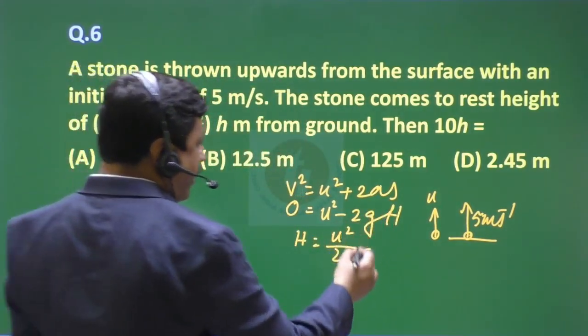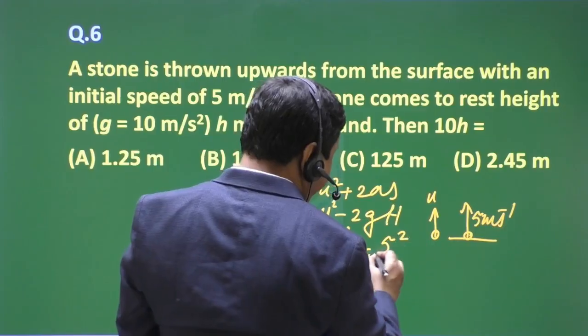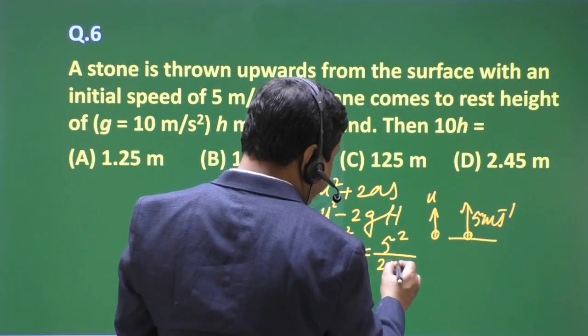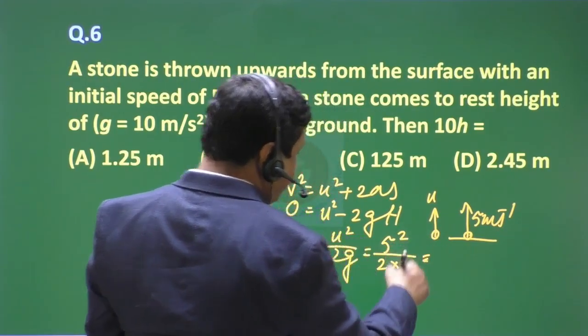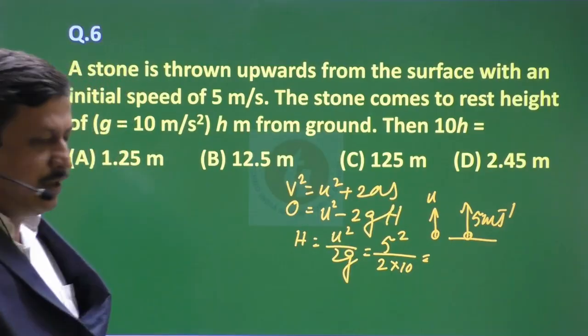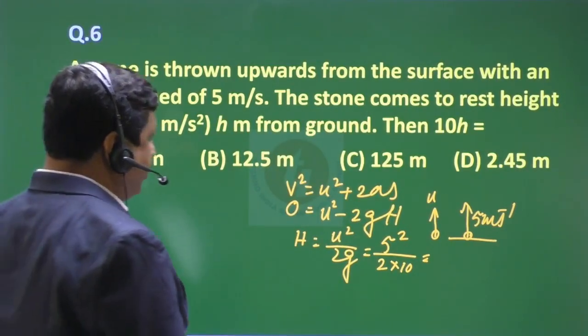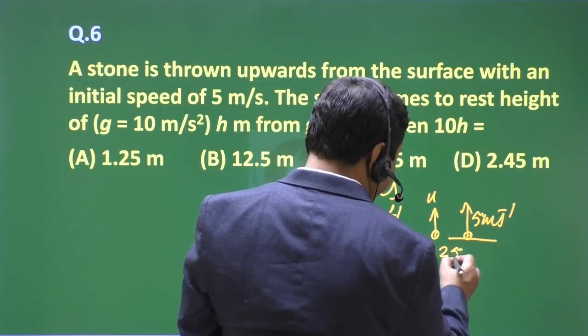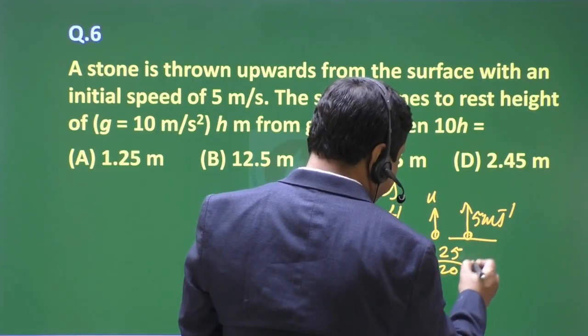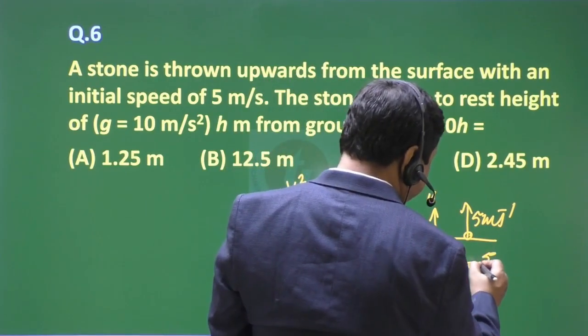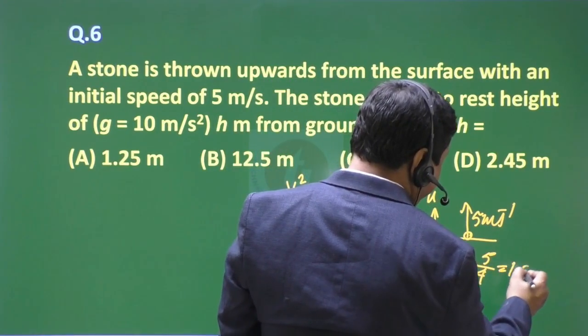Here u is 5, so 5 square by 2g, 2 into 10, that means 25 by 20 meter, that means 5 by 4, that will be 1.25 meter.